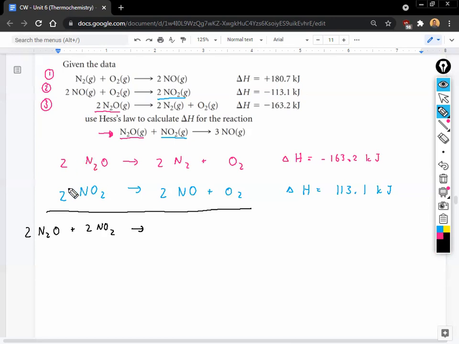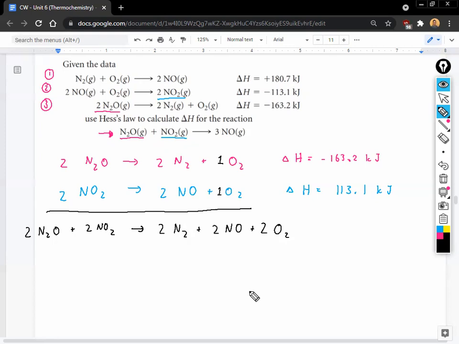Because these are the only 2 things that are on the reactant side. Okay. Now on the product side, we're going to have 2 N2s, right? We're going to have 2 NOs, and we're going to have how many O2s? 2, yeah, because there's a 1 here and there's a 1 here. So we're going to have 2 O2s.